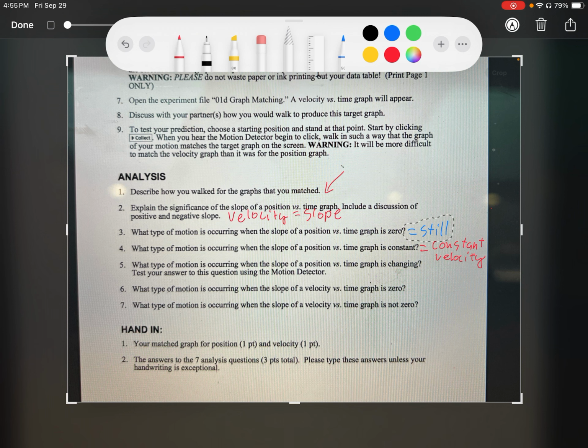What does it mean when the slope of this graph is changing? Okay, that means we have acceleration. And then what type of motion is occurring if the slope of the velocity versus time graph is 0? This is a little bit new. I'm going to send you a video that talks about this in a little more depth. But the velocity graph would be, this means that we have a constant velocity.